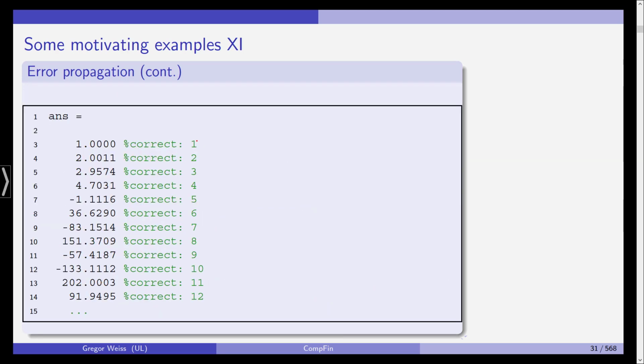We are expecting 1, 2, 3, 4, 5, 6 and so on up until 20, and as you can see the answer is 1, 2.0011, 2.9574, 4.7031 and so on and so on. And here, as you can see, we are expecting 11 and Matlab's answer is 202, so it's completely off.